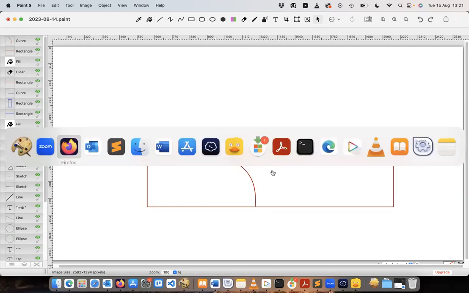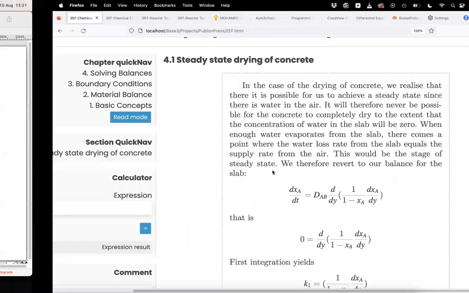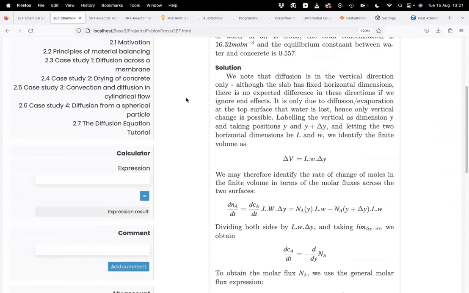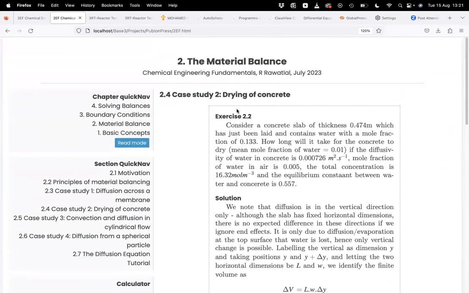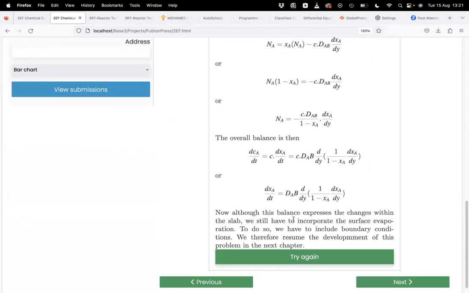And so towards that, when we look at the balance that we did last time, let's look here. In chapter 2, in section 2.4, we had developed the material balance for concrete. So this is what we had. This B should be a subscript here, of course.